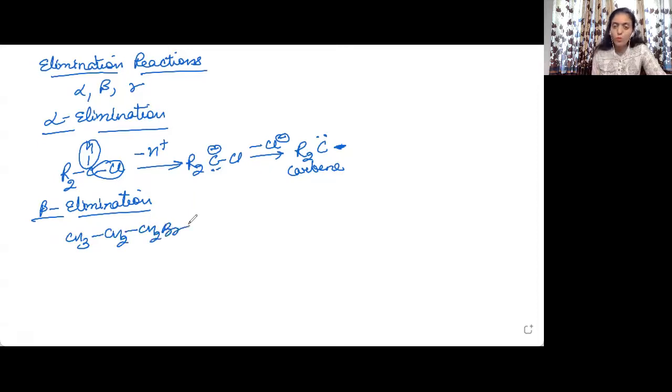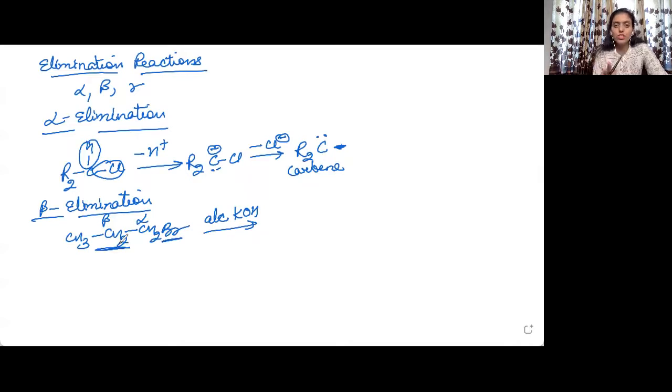So we have 1-bromopropane, and we are treating it with alcoholic KOH. So when 1-bromopropane will be treated with alcoholic KOH, it will undergo elimination reaction. Now this is the alpha, this is the beta position. Now bromine will go from this carbon and 1 hydrogen will leave from this position.